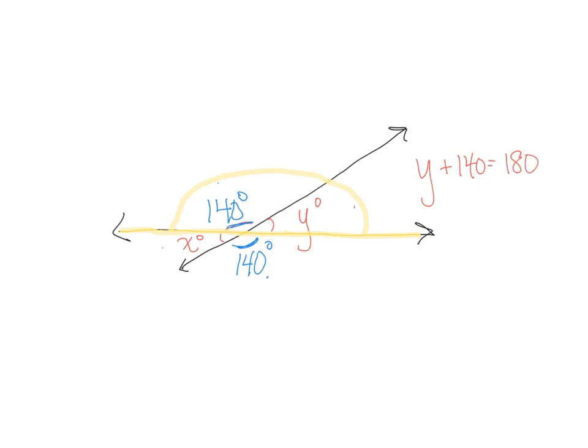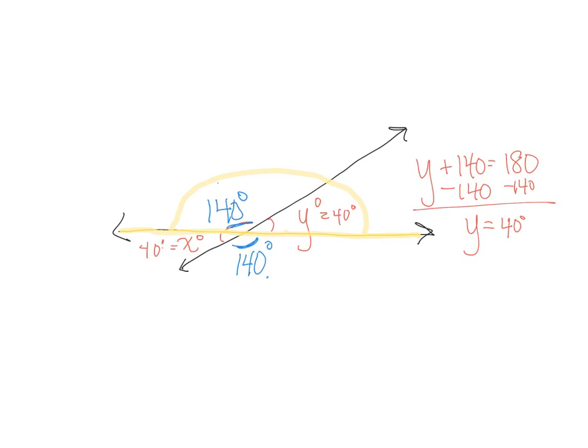They're supplementary. And then I can solve that equation. And I found y equals 40 degrees, so that would be 40. And since angle y and angle x are vertical, that means that x must also be 40 degrees.